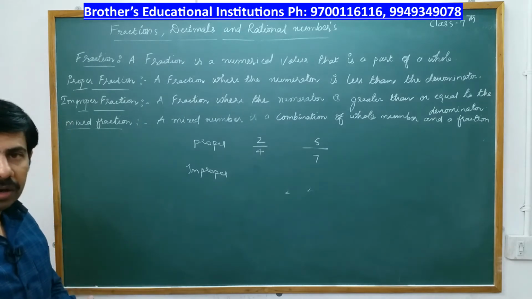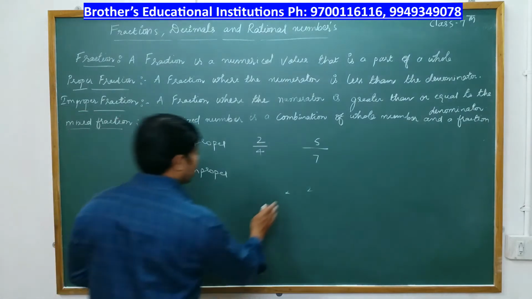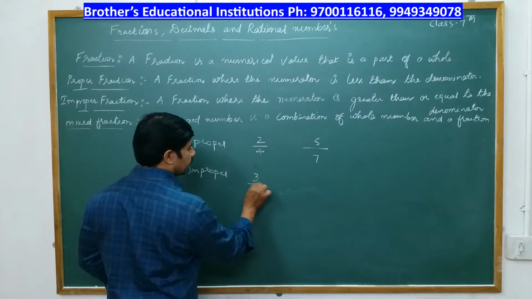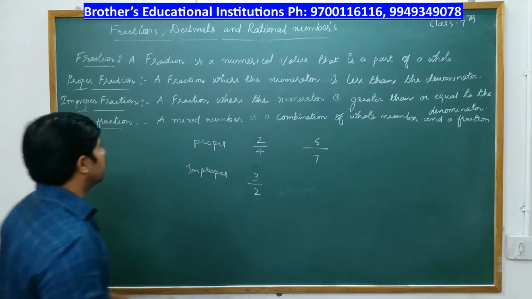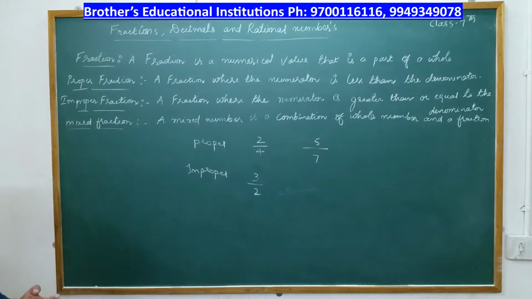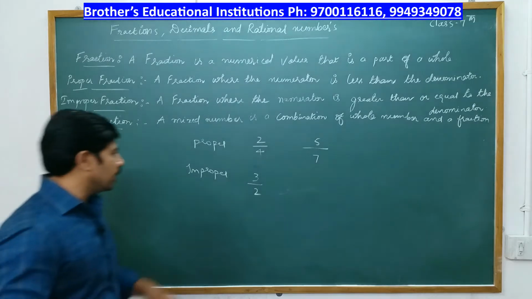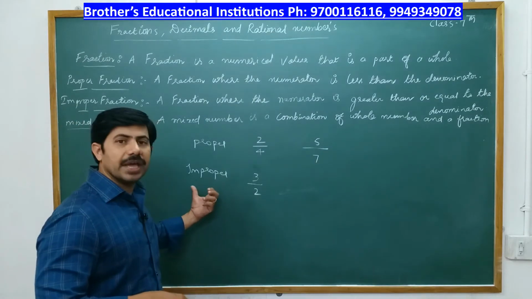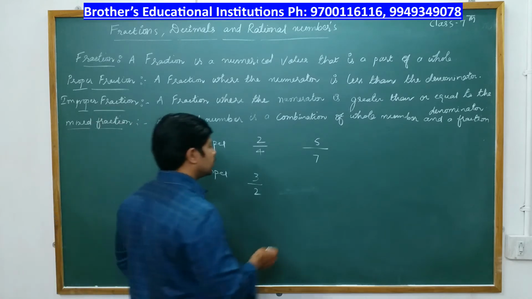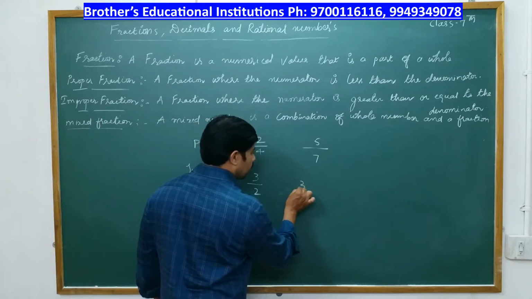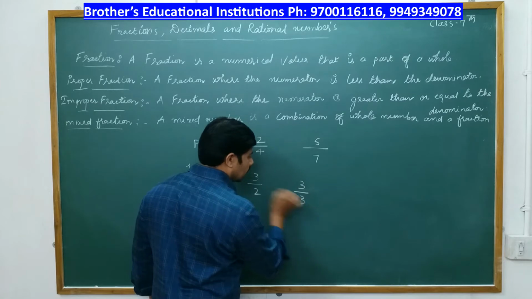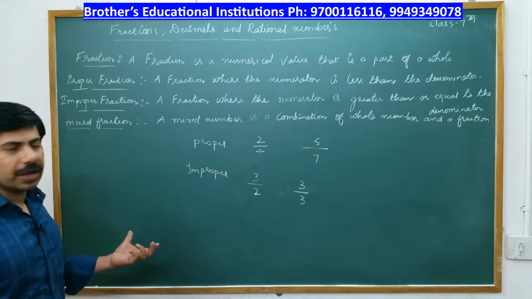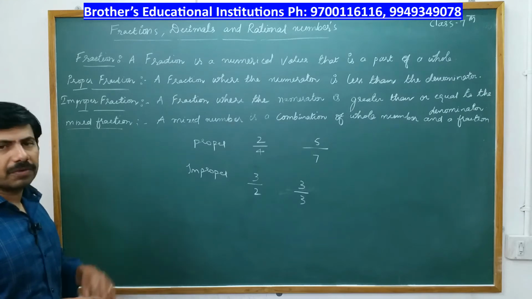Here the numerator is greater than the denominator, so we say it is an improper fraction. In some cases, if the numerator and denominator are equal, then also we say it is an improper fraction. So this is about improper fraction.